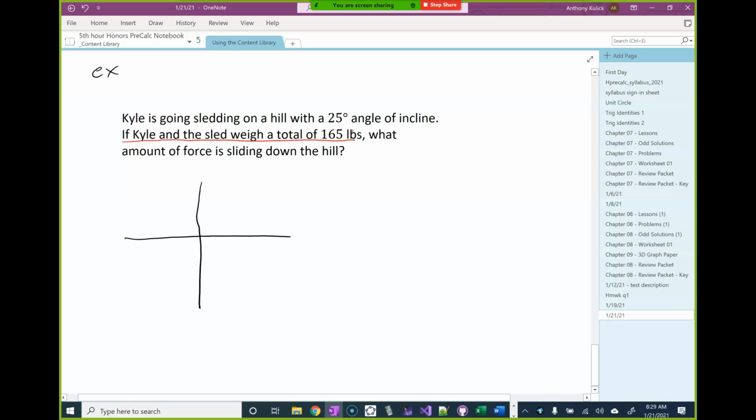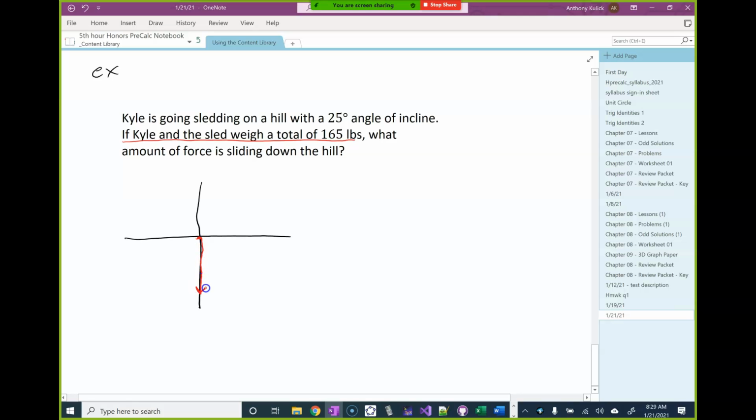So what force creates weight? Gravity, right? If there's no gravity, there's no weight. Everybody agree with that? What direction does the force of gravity act? Directly down.